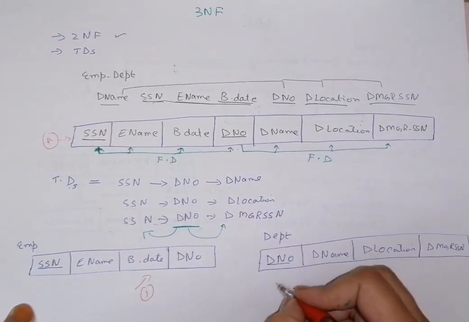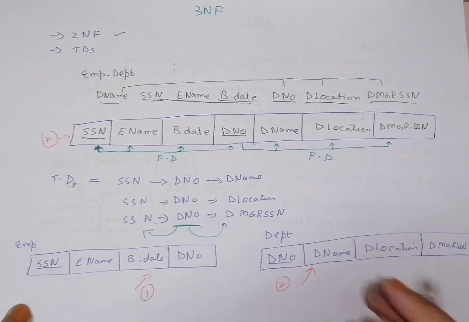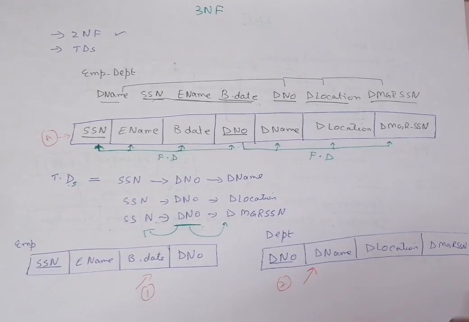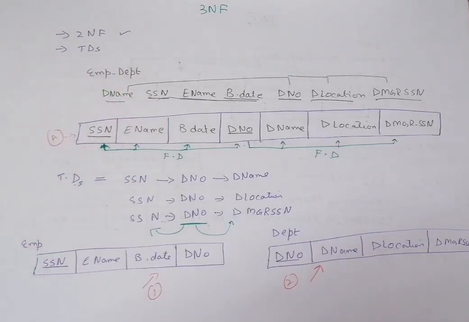One is employee and the second one is department. We have split it into two parts, removed the transitive dependencies, and brought the given relation into third normal form. This is the whole procedure in which we may be asked to determine whether a given relation is in third normal form or not.